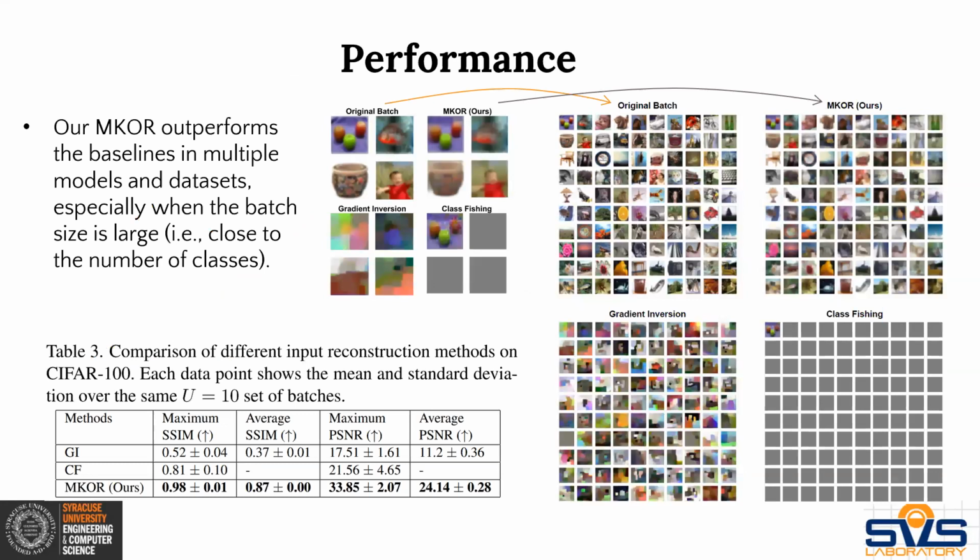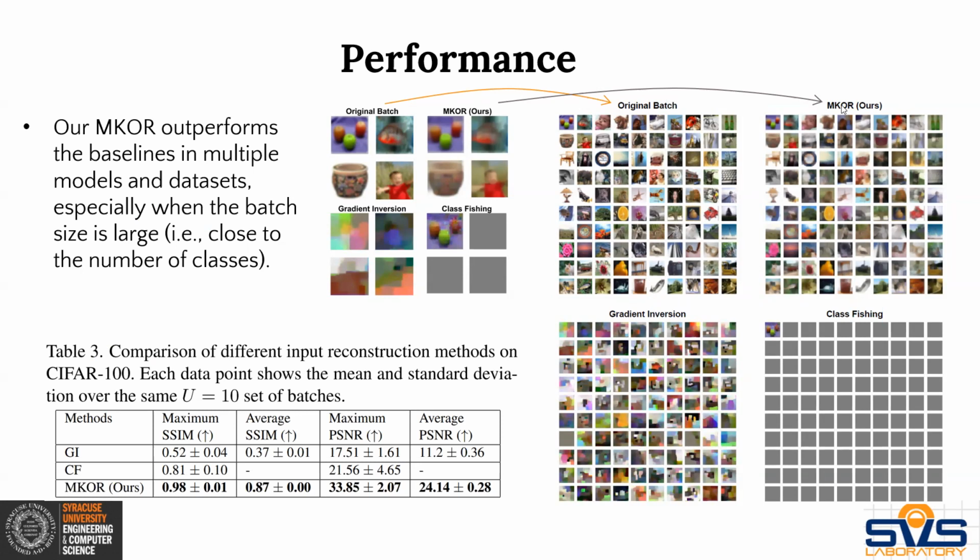Then let's see the theoretically optimized result in the experiments, especially when the batch size is large. This is the CIFAR100 dataset with the VGG16 network, and we have 100 images in each batch. The upper left is the original input batch.